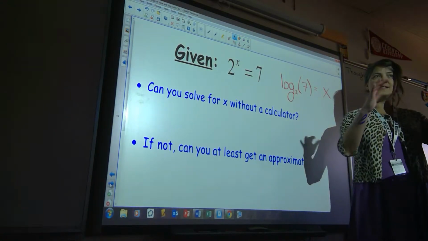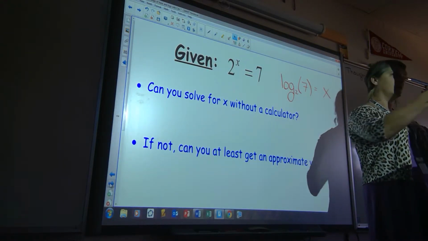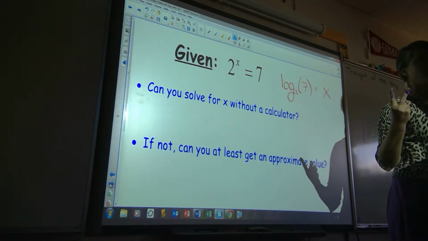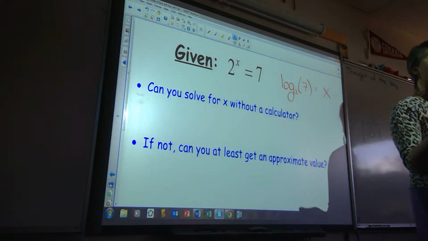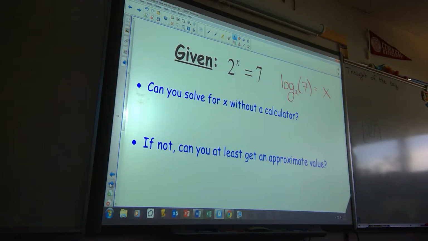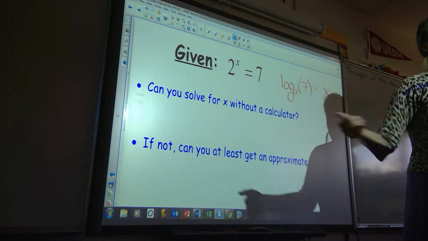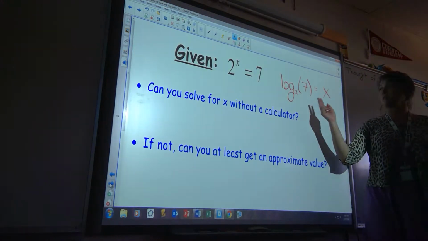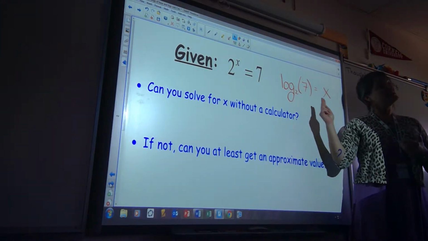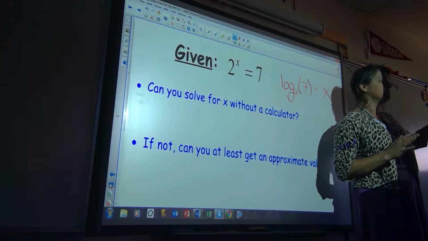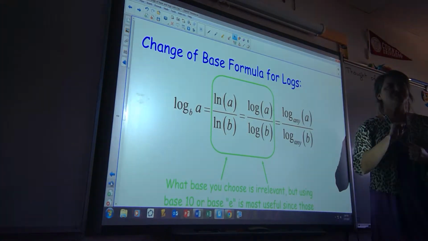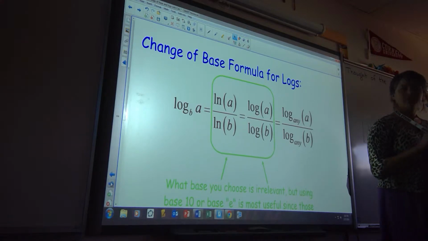So that's where we have to learn a little bit more about how to use the 2 buttons that are there. We can't have a log button for every single possible base number. So there's 2 famous ones, base 10 and base e. And we can change this into base 10 or base e, either one, with the change of base formula.